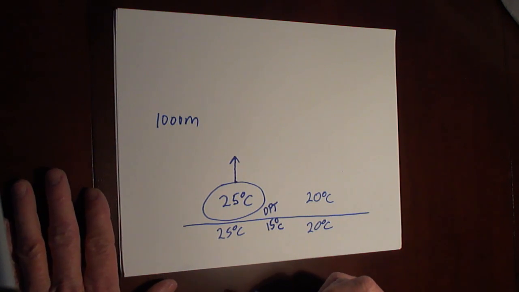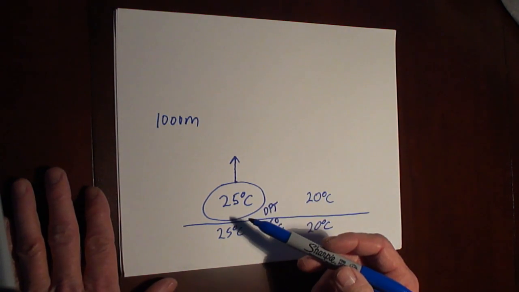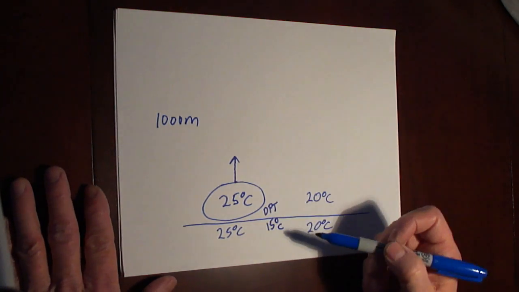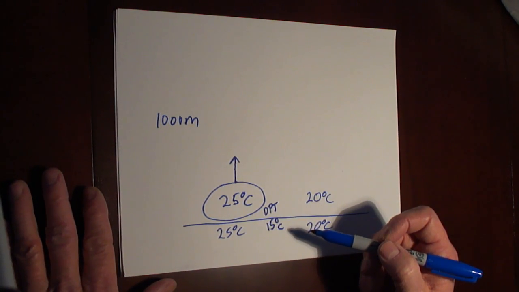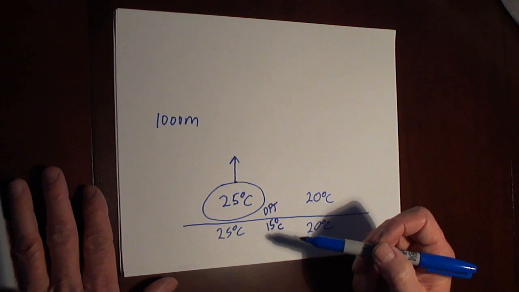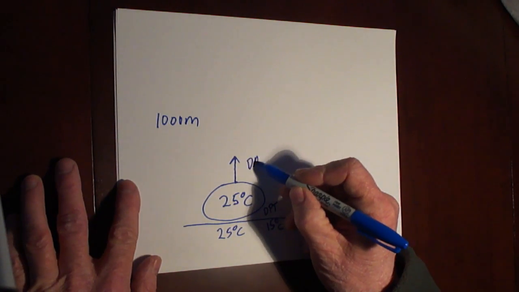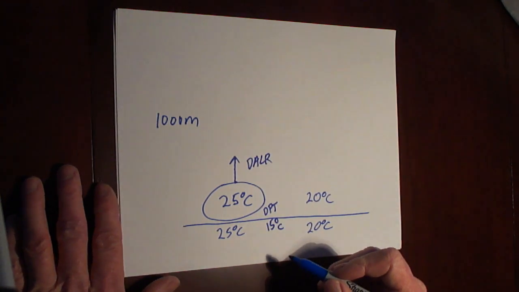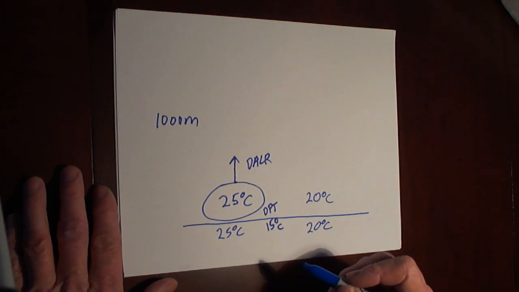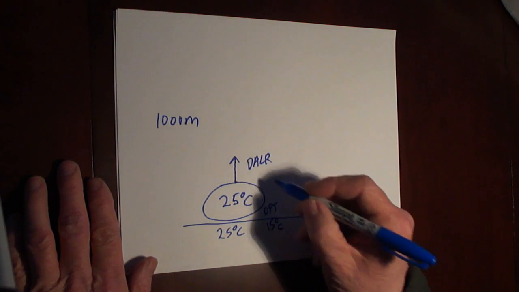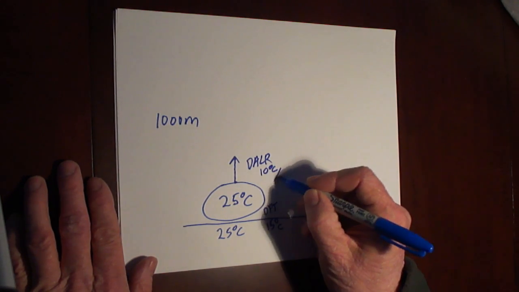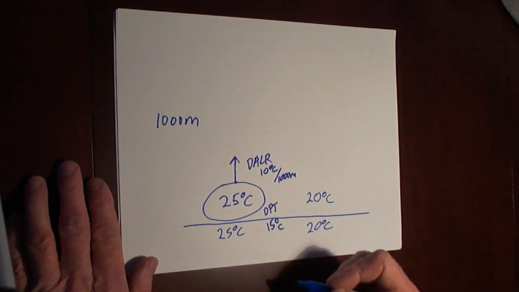That means that we're not going to experience any condensation as we first start out. In fact, what we're going to see is a cooling at what is called the dry adiabatic lapse rate. DALR, dry adiabatic lapse rate. You should know what that is. It is 10 degrees Celsius for every 1,000 meters.